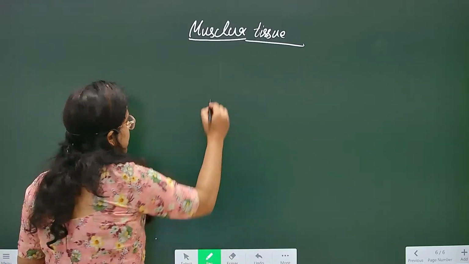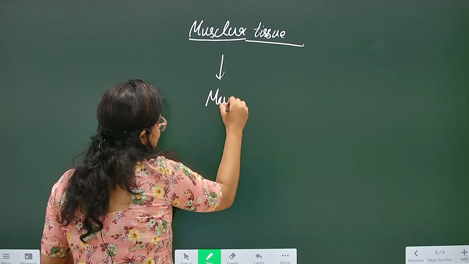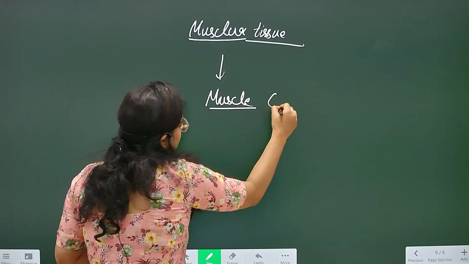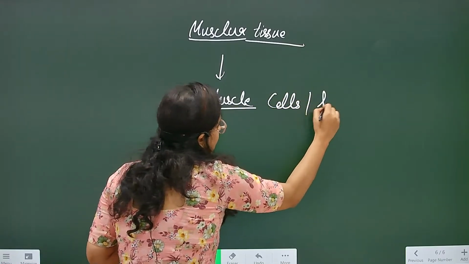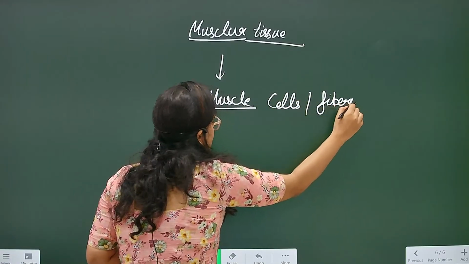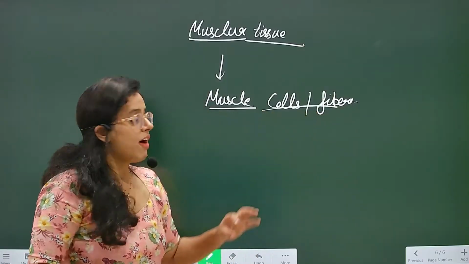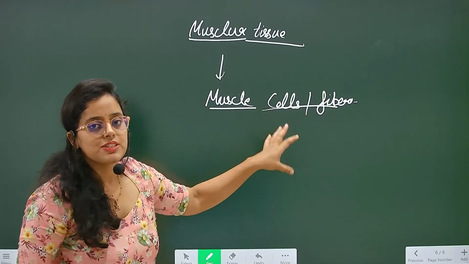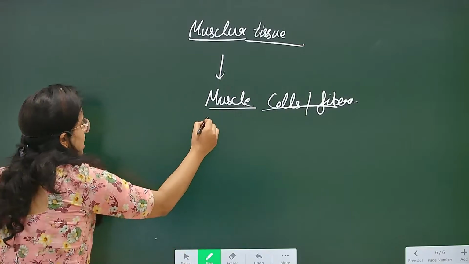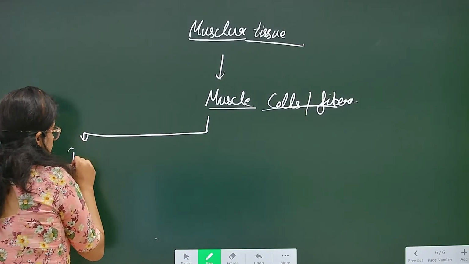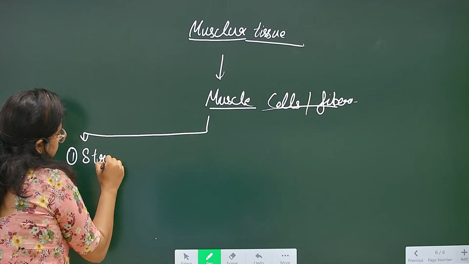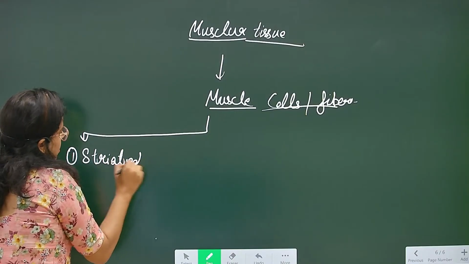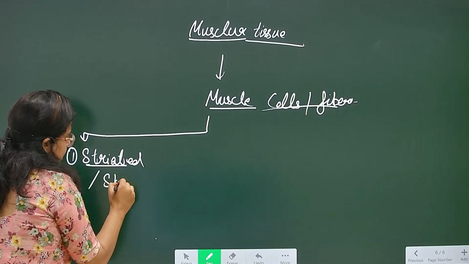Now this muscular tissue is made up of muscle cells. Rather than muscle cells, we call them muscle fibers because they are long, thin, fiber-like structures. They are classified into three types: striated, which is also called skeletal.